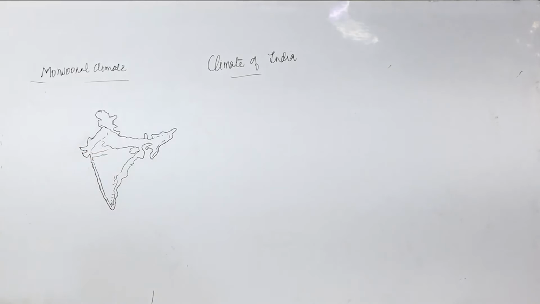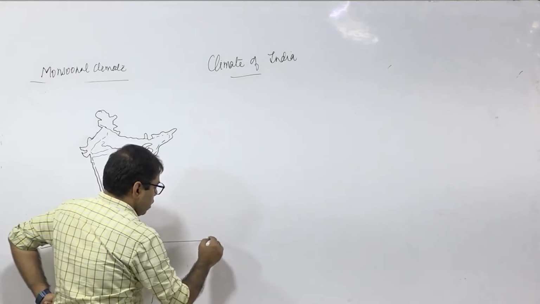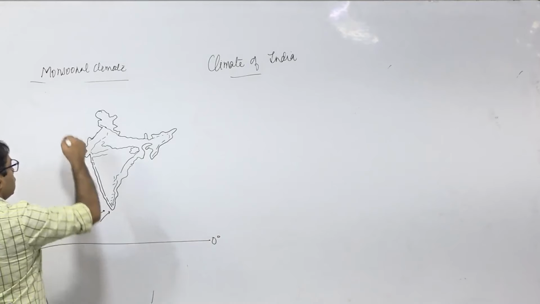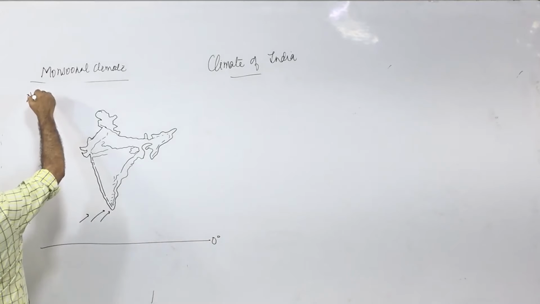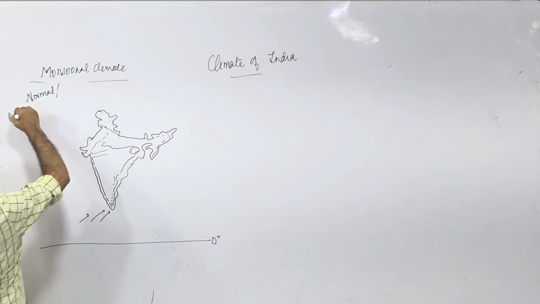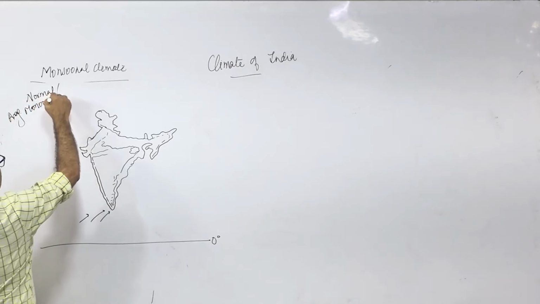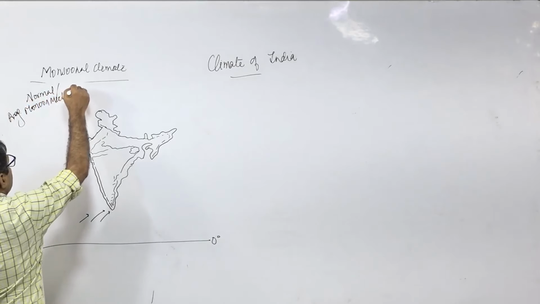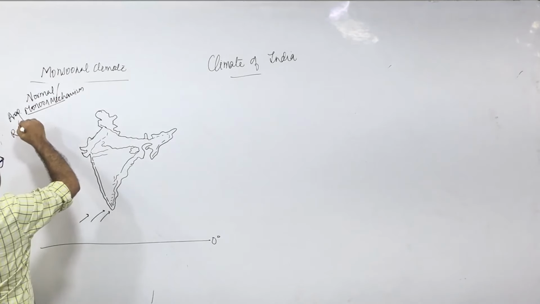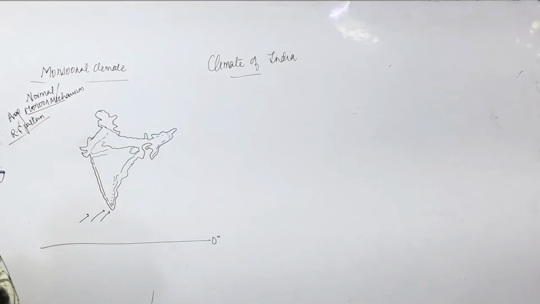Right? How? When the monsoon winds reach over India as southwest monsoon wind, I am discussing the normal or average monsoon pattern, mechanism or rainfall pattern, right?